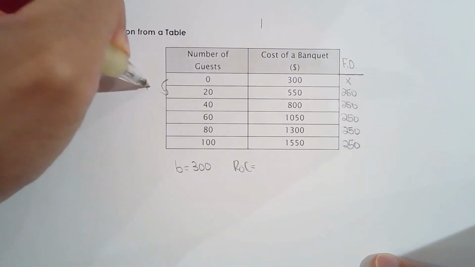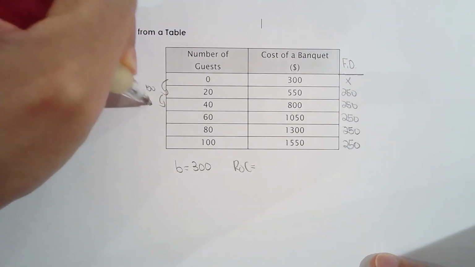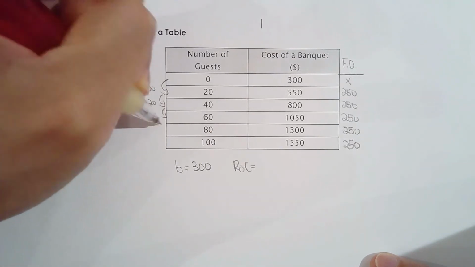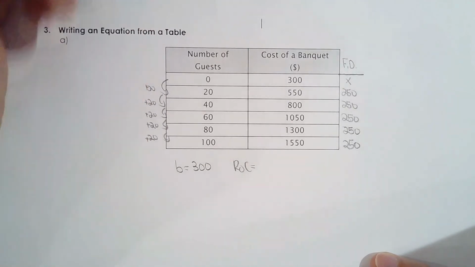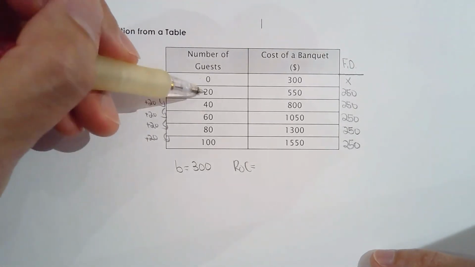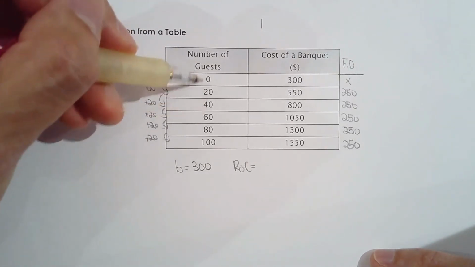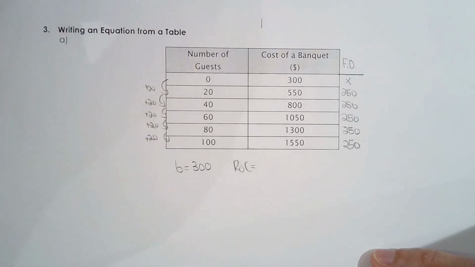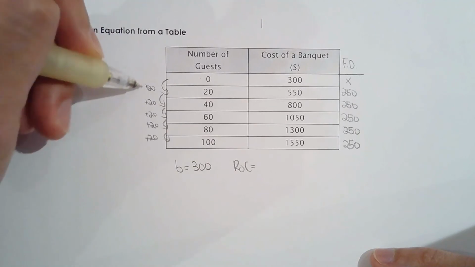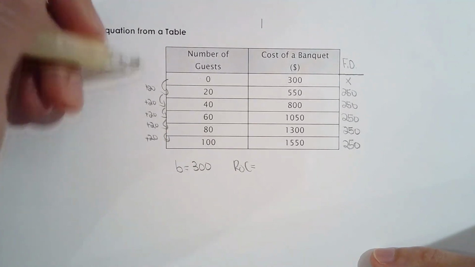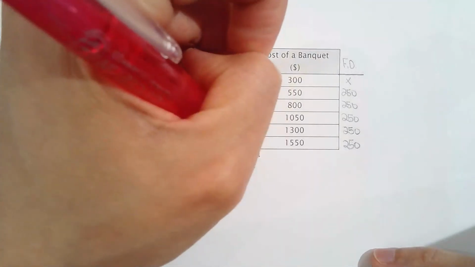So this is plus 20, plus 20, plus 20, plus 20. You don't have to do all of them actually. But you should see that you have to make sure that the independent variable is increasing by a constant amount, which it is. So the run is 20 and the rise is 250.